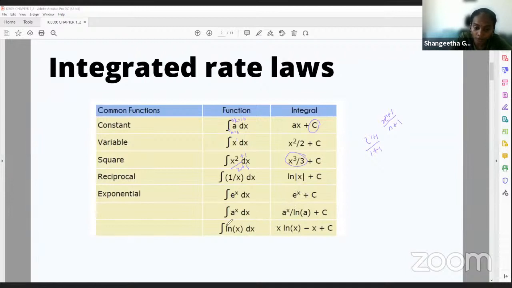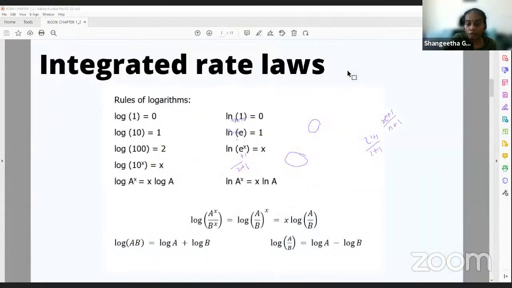And then of course, if you have a to the x, it becomes a to the x over ln a, and of course integrating ln x becomes x ln x minus x. So these are all very basic laws of integration that you should know already by now, at this level.